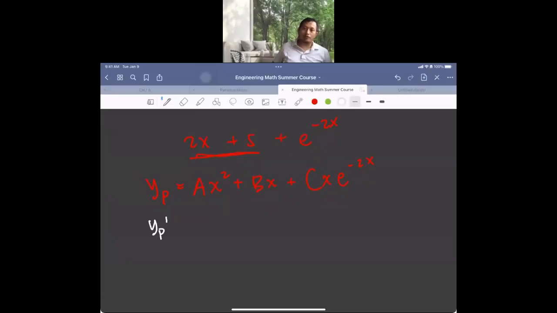Okay, what will happen here, then we need to check. First, checking the derivative, and later we need to substitute into our equation.